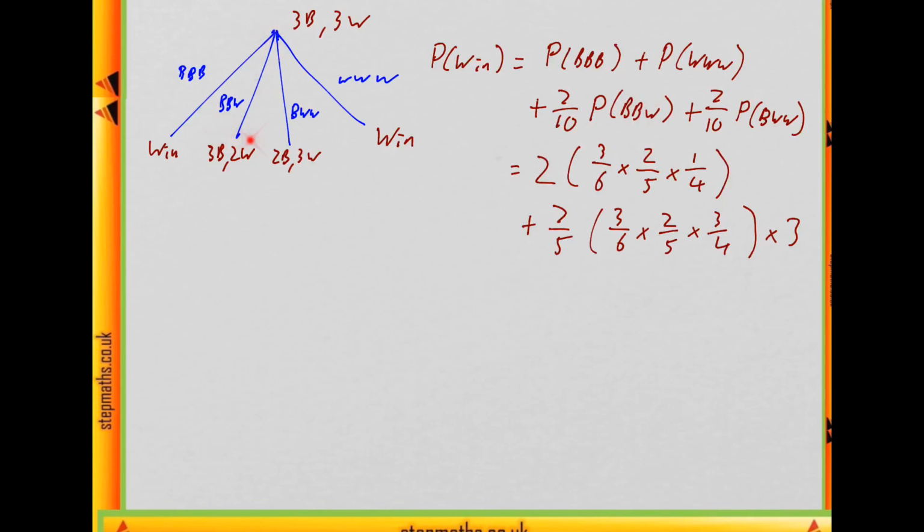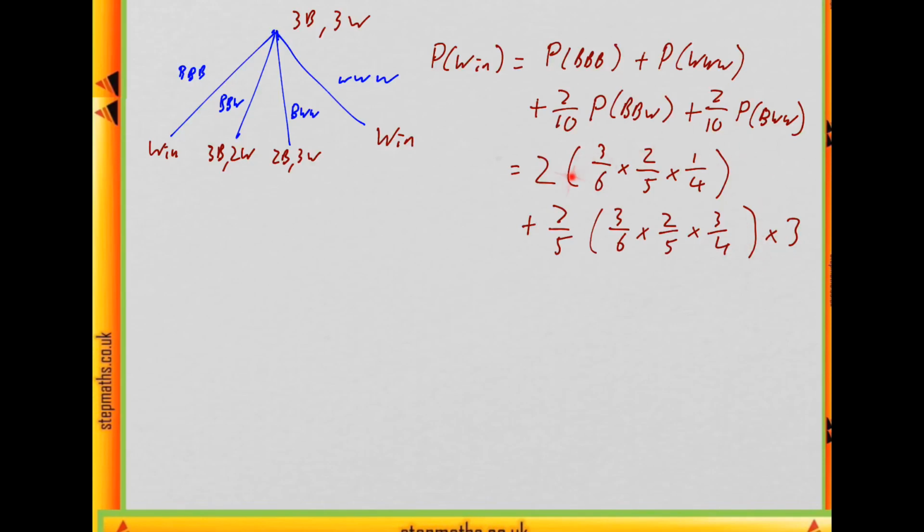It's 3 out of 6 times 2 out of 5 times 3 out of 4, because there's then 3 whites out of 4 balls total at the end. But as before, I have to multiply by 3 because there's 3 possible orders I can put it in. The numbers don't change when I change the order, but I need to multiply by 3 because there's 3 orders. And I've multiplied by 7/5 because it's 7/10, and then I'm multiplying by 2 because there's 2 of these.